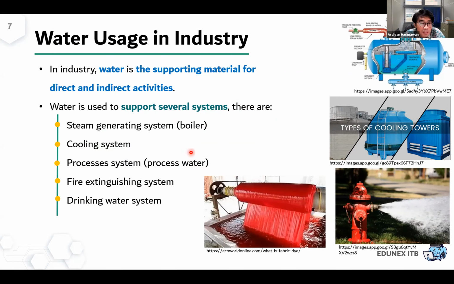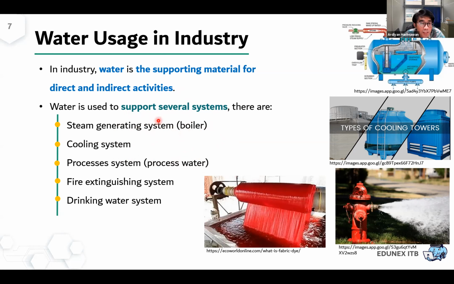Basically, it can be used as a raw material, such as in the beverage industry, or you can use it in the utility system. Utility is classified as direct activities. It means water is directly involved in the process, as process water, or as steam in the boiler, in the cooling system, or any process related to production.